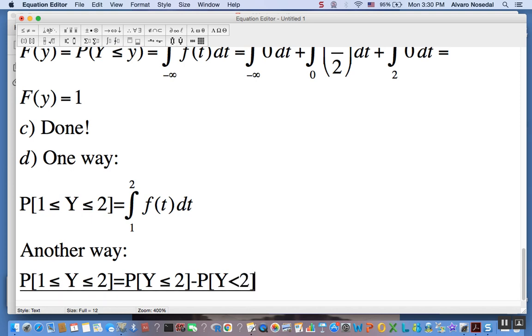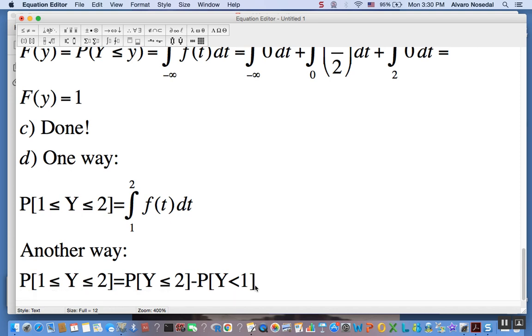You guys agree that if I do that, that would define the interval that I am interested in? Oh, and this should be 1, not 2. Make sense?